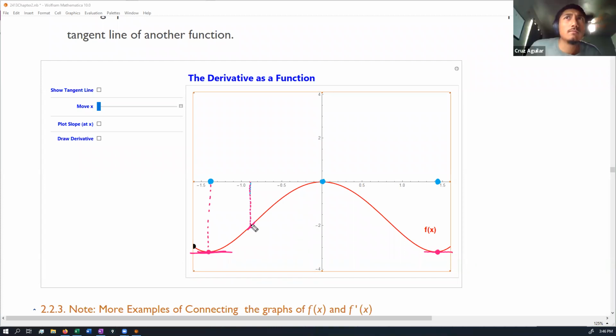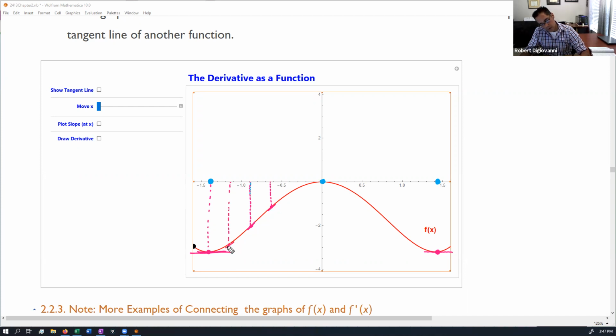Positive. Positive, right? And wouldn't that work for any point you pick? Any of these points that you would ever pick, Cruz, aren't these always going to be positive slopes? At least over here between here and here. Yes, because you can see it rising right there. So we have positive slope.